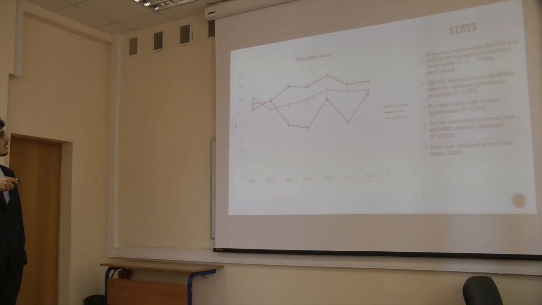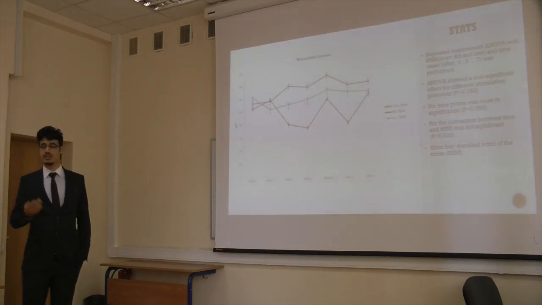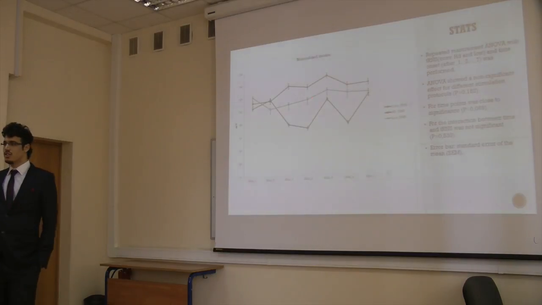Also, though we are not significant, there is a trend here. You can see this line corresponds to conventional high frequency, and it increases motor cortex excitability by nearly 40% as compared to low frequency, and low frequency doesn't change much.